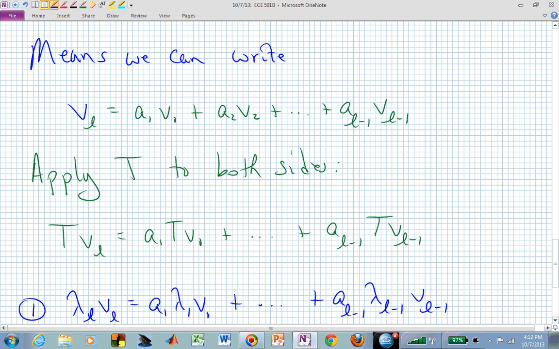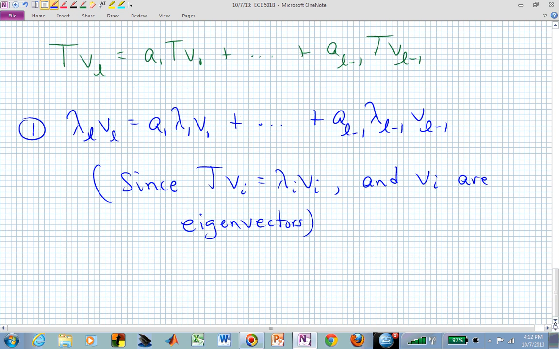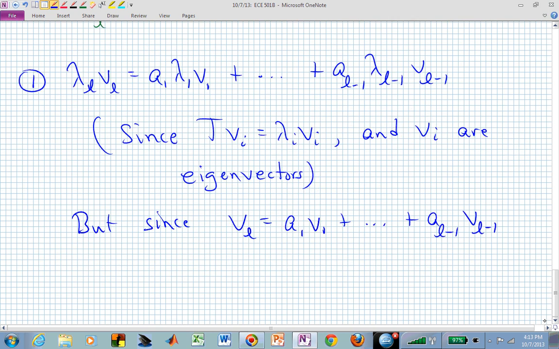Let's just make that constant our eigenvalue of interest, lambda sub L. So now I can multiply this equation by lambda sub L. Since v sub L is equal to a1 v1 plus up to a sub L minus 1 v sub L minus 1, multiplying by lambda sub L, that is lambda sub L v sub L equal to a1 lambda sub L v1 plus up to a sub L minus 1 lambda sub L v sub L minus 1.